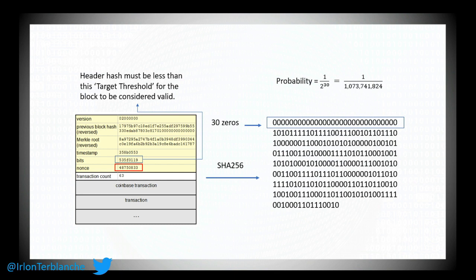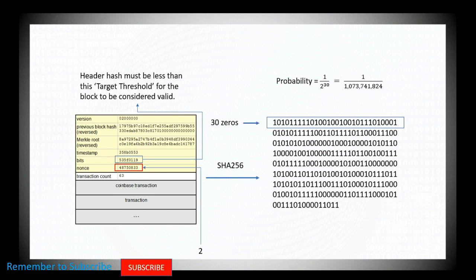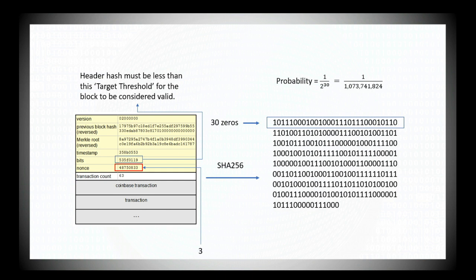So the network will set a target threshold, and all of the nodes that are mining blocks will effectively have to loop through all kinds of numbers until it finds the nonce that creates the hash that has a value below the target threshold set by the network. And it is an iterative process.